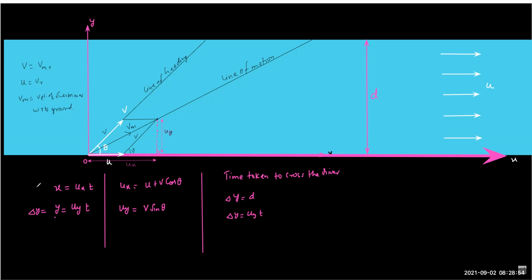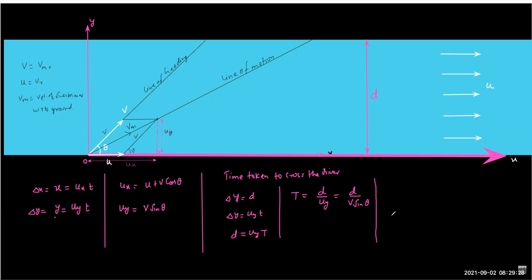So now if we substitute the value, we get the answer. Let's call it capital T because we have crossed the river. So the time taken to cross the river is a very simple formula, d by uy. Now uy will change from question to question. In our case, it is d by v sin theta.